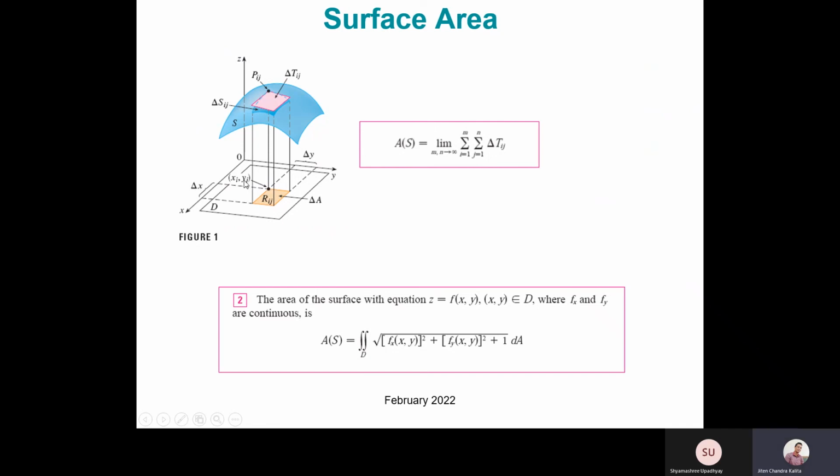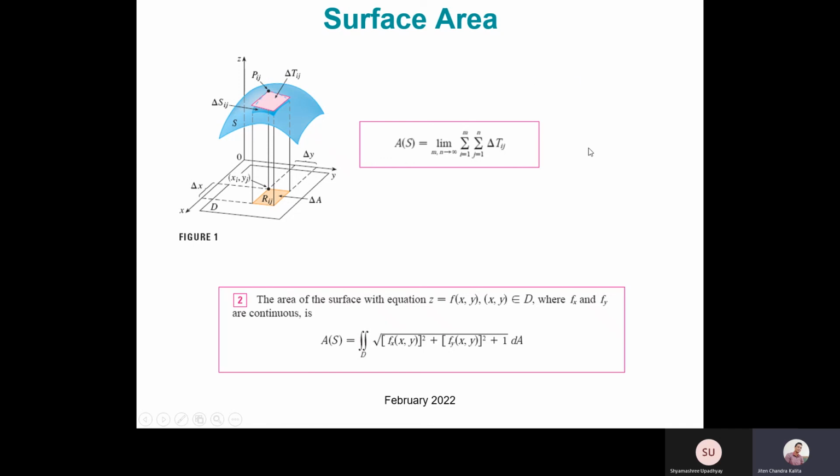If you consider this rectangle to be the product of the interval xi minus 1 to xi cross yj minus 1 to yj, then according to me this point should be xi minus 1, yj minus 1. Okay, fine. So this is what is happening.